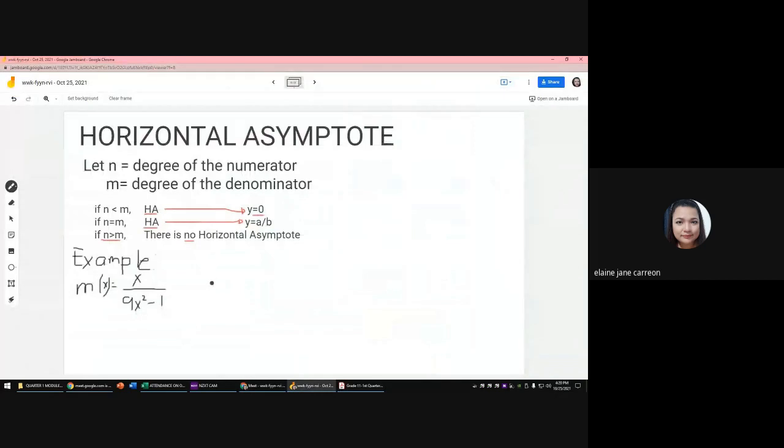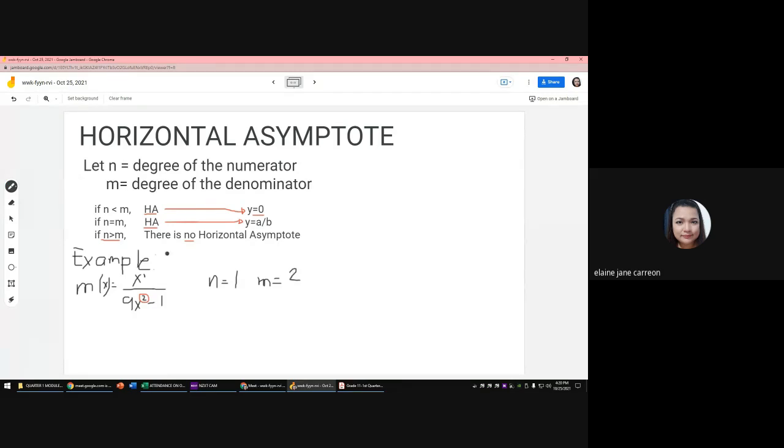What is our n? Let's identify the n, the degree of the numerator. What is the degree of our numerator? 1. That means the exponent of our x is 1. For m, what is the exponent of our denominator? 2.